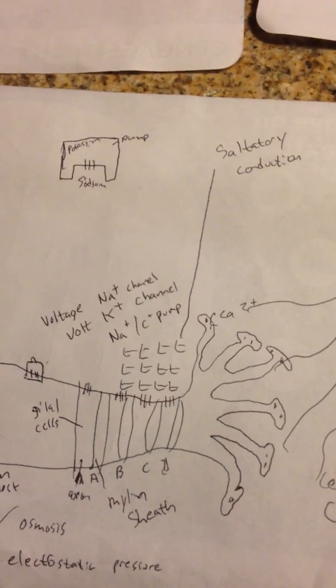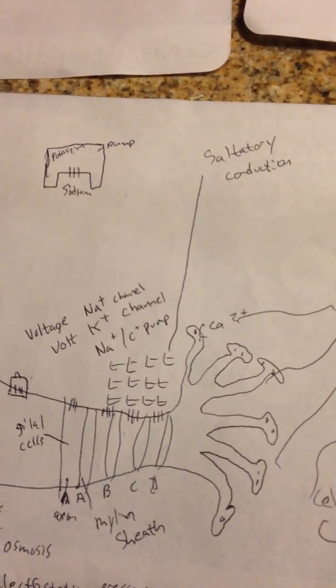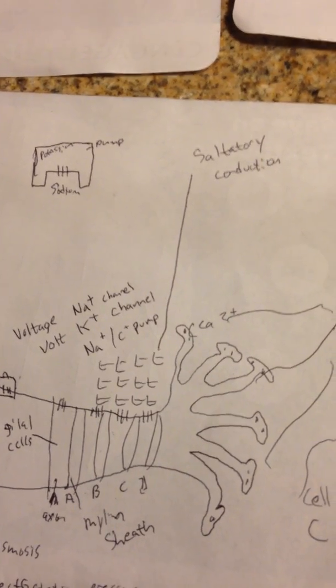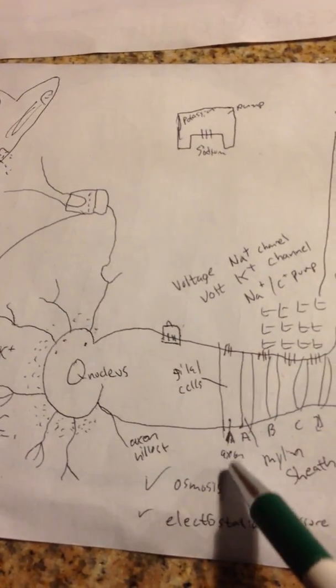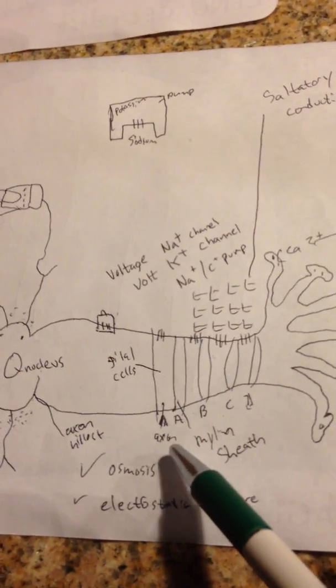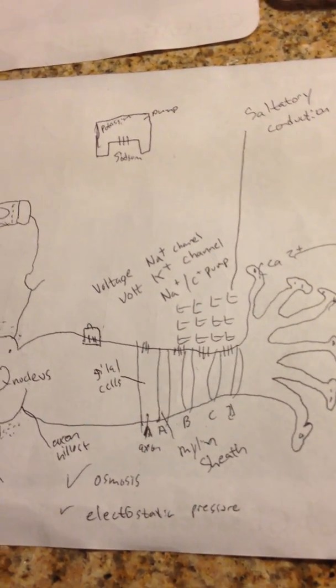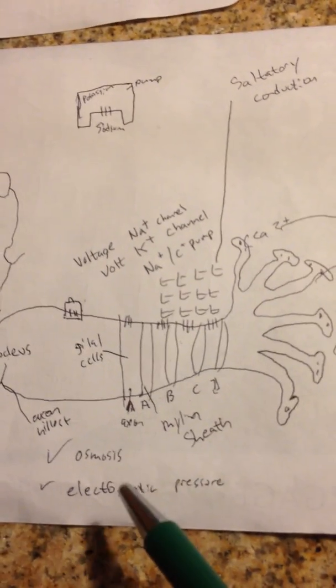You know, the wave going up and down, and the changes seem to jump to and from the nodes of Ranvier. Okay, and they're exposed on these axon spaces right here. Okay, and they occur between the covering called the myelin sheath, right here.